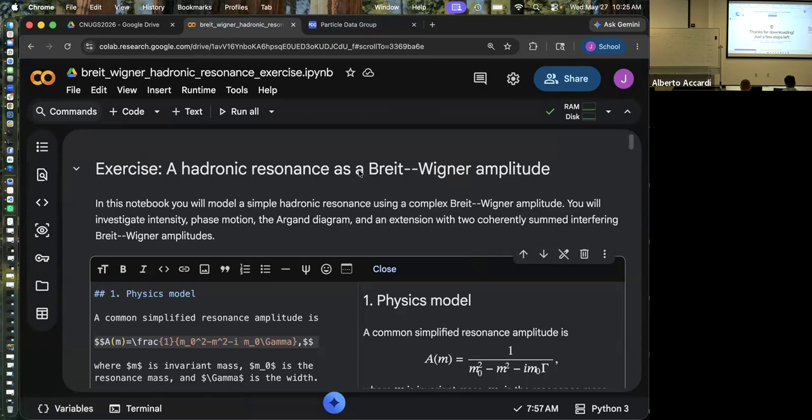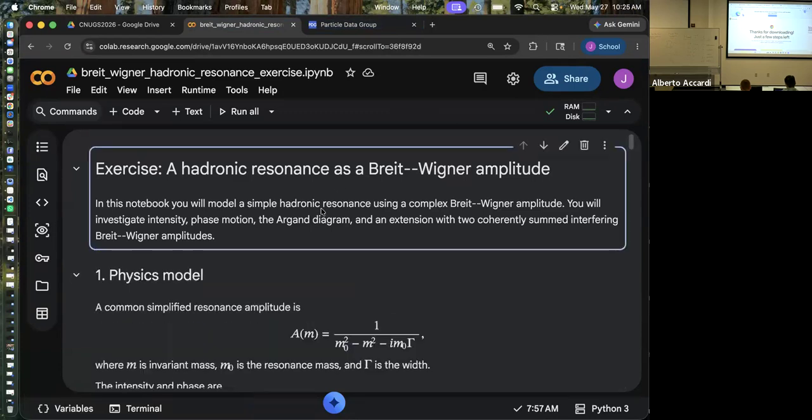Can you pull this one? So you see the, yeah. Okay, so were people able to open it on their own laptop?